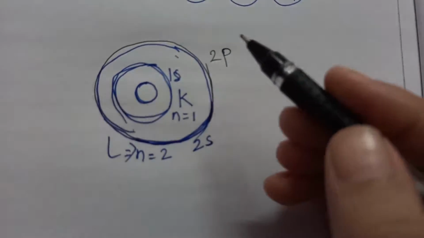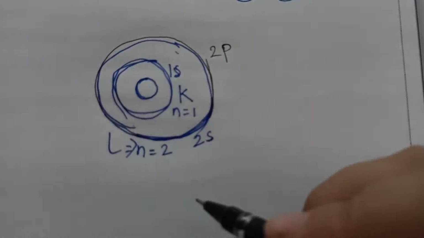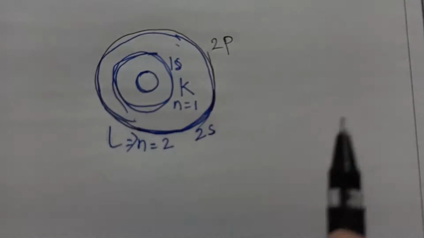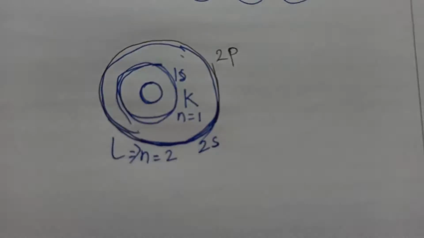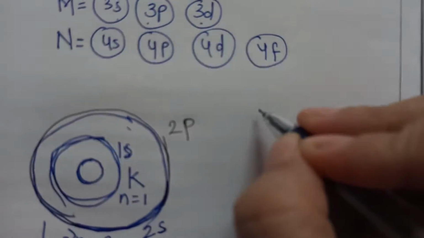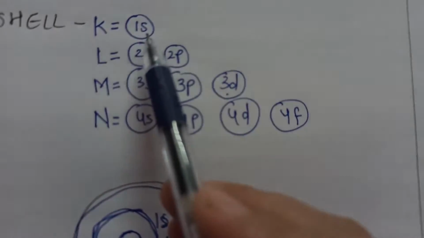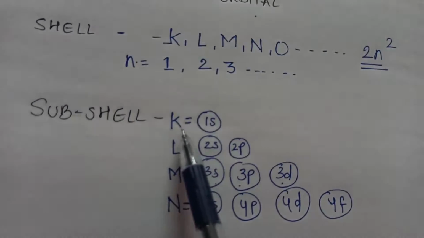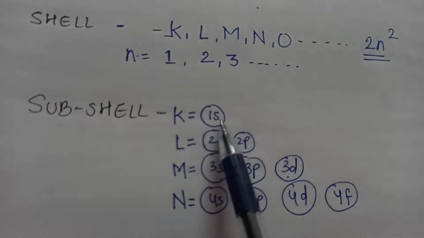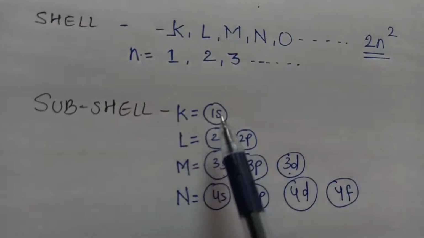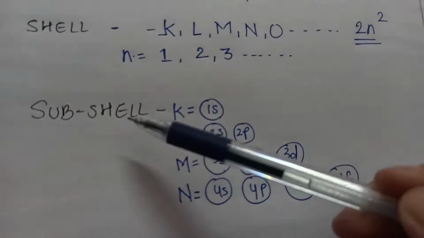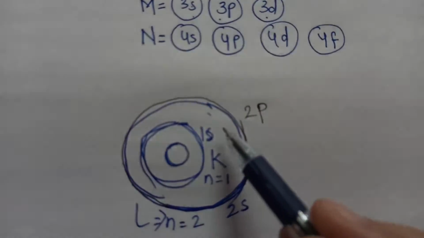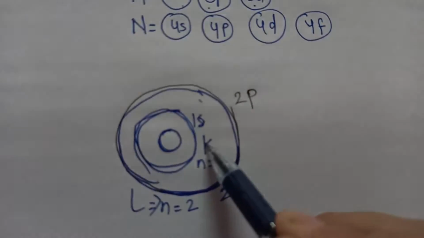Then the N shell, which corresponds to 4 subshells, that is 4s, 4p, 4d and 4f. So this is how you can imagine and understand. K shell is equivalent to 1s, or you can say K shell has one compartment, that is 1s. One more thing should be noted, that subshells are found inside the shells.